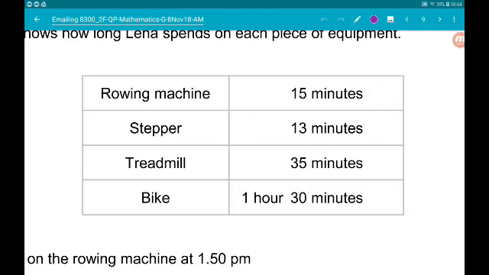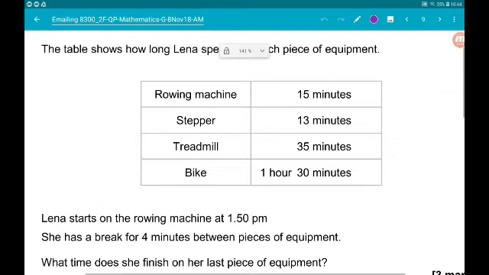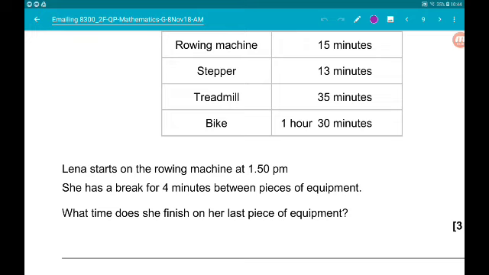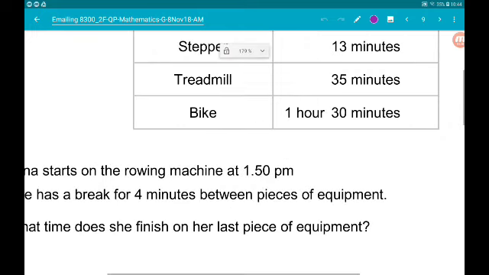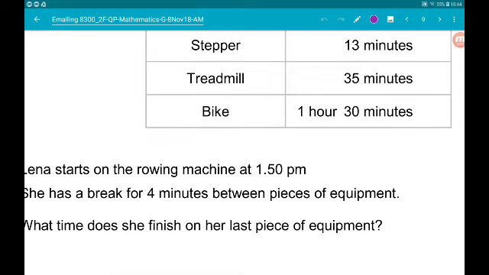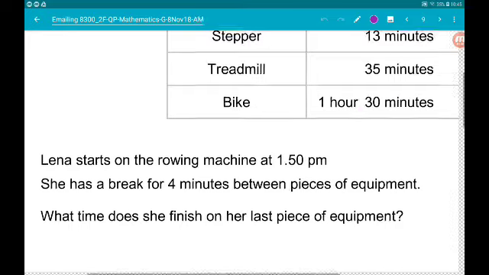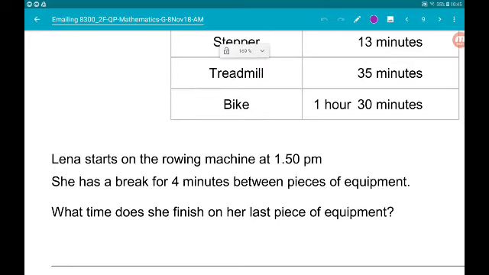My opinion, she has far too much spare time. Lena starts on the rowing machine at 1:50 p.m. She has a break for 4 minutes between each piece of equipment. What time does she finish on her last piece of equipment?